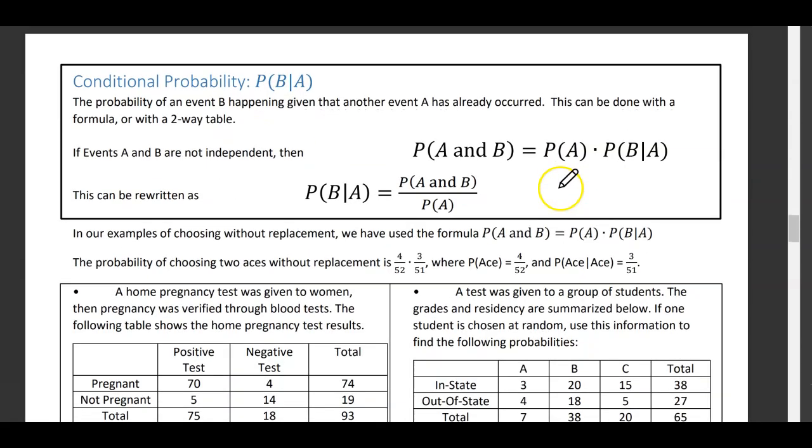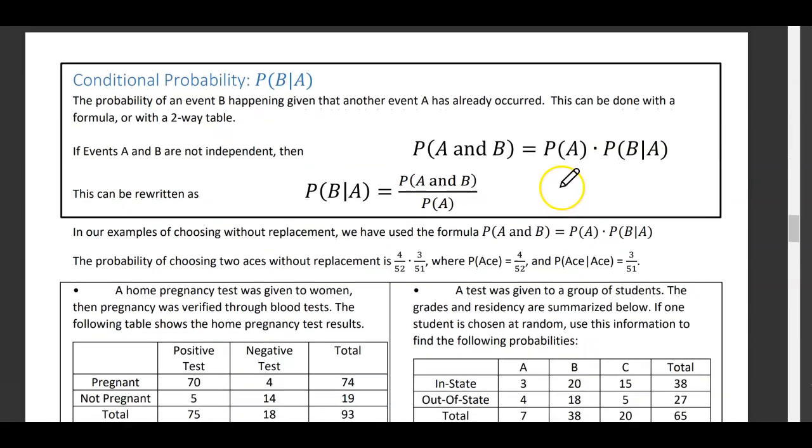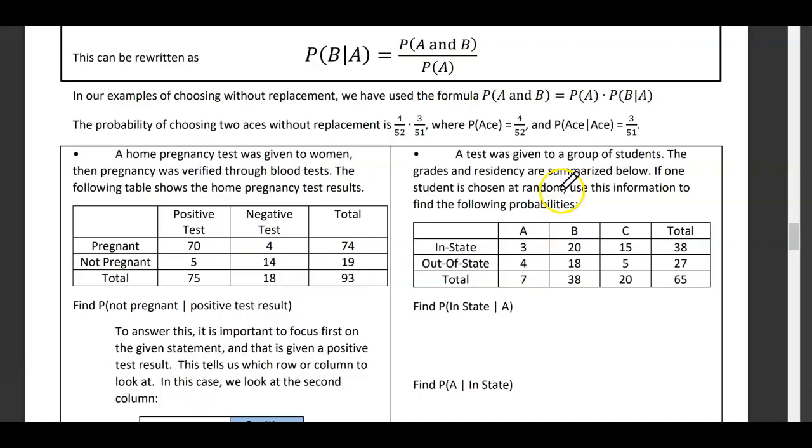Okay, so how do we do it? Essentially, what I consider on these, I think it's a little bit easier way to consider it, is this second part, given that A has happened, probability of in-state, given that they have an A, tells us that we're stuck in this column. We're stuck in the A column because we're given that A happened.